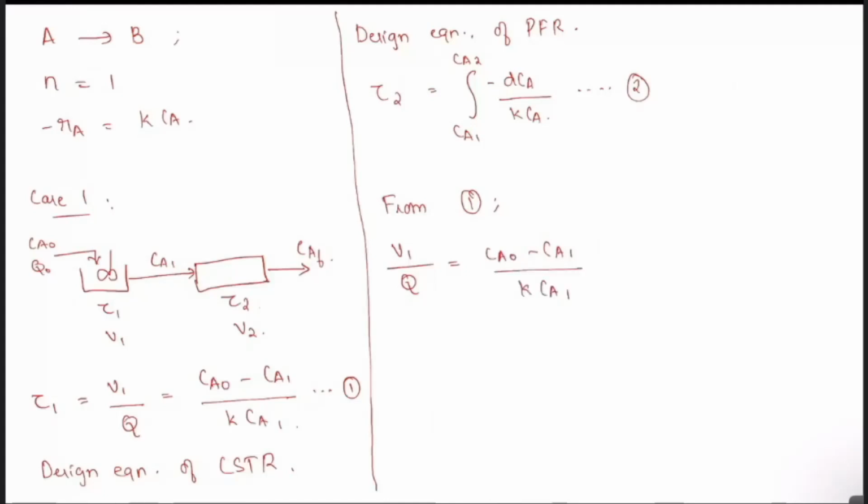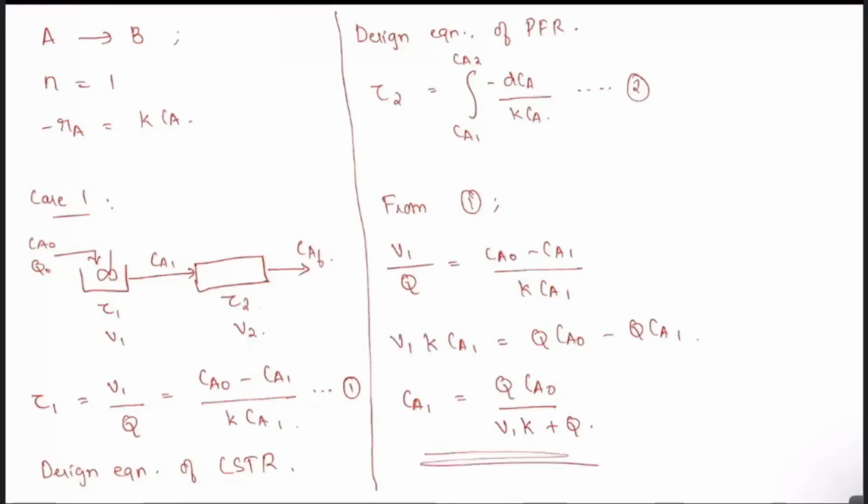So we can just rewrite this. V1 k CA1 will be Q into CA0 minus Q into CA1. And from this we can write CA1 will be equal to Q CA0 by V1 k plus Q. So this will be the equation of CA1, which is the intermediate concentration here.